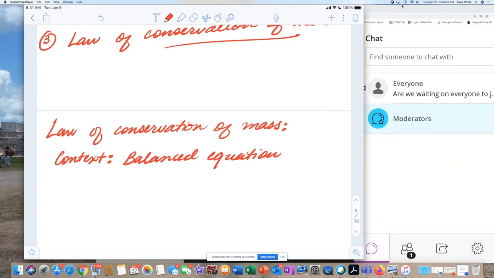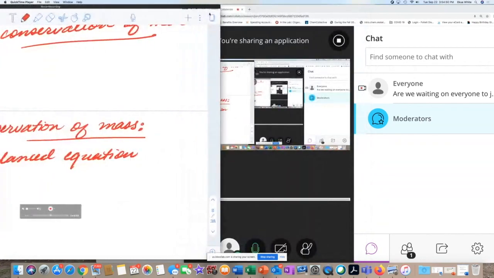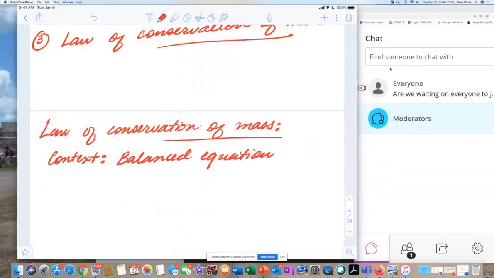The idea is, if you have a balanced equation and you compare the beginning of the equation, the reactants, to the end, the products, then you notice that mass is being conserved.